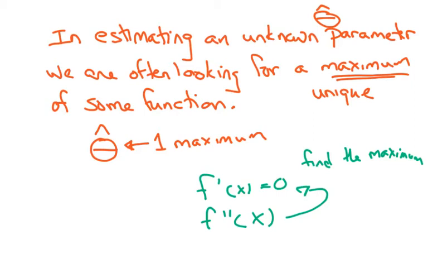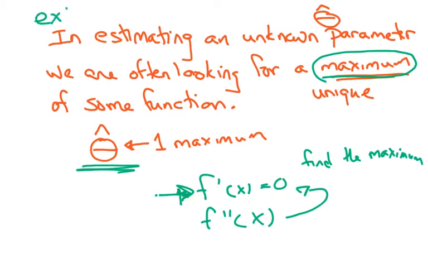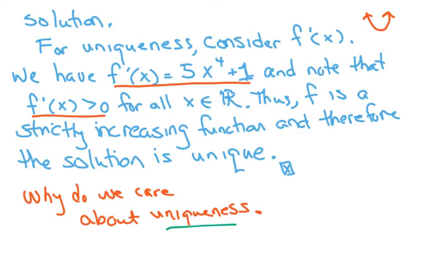But in any case, you have to establish that it's unique by showing that the derivative, not the original function, but in this case it's the derivative, is either strictly increasing or strictly decreasing. You want to know that you just have one maximum value. And of course, this is just extra, but sometimes it's hard to know why we care about things, and that's just an example I can give you.